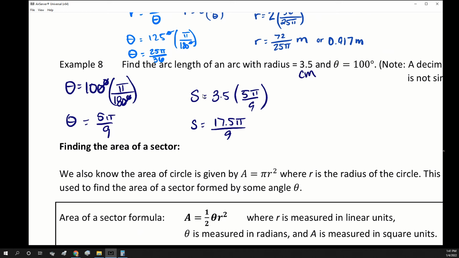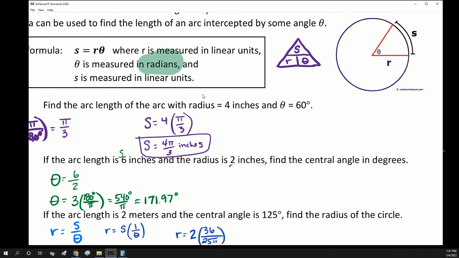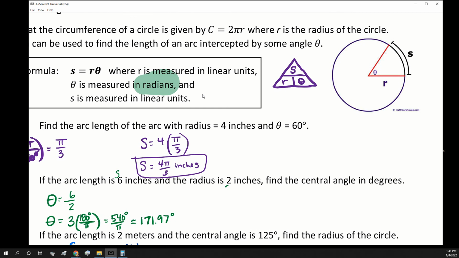I'm okay with it being a fraction, but I'm not okay with it when you have a decimal and a fraction. So it's not a big deal. We'll just multiply by 2. So it's going to be 35 pi over 18 centimeters. Okay, so that is the arc length formula.